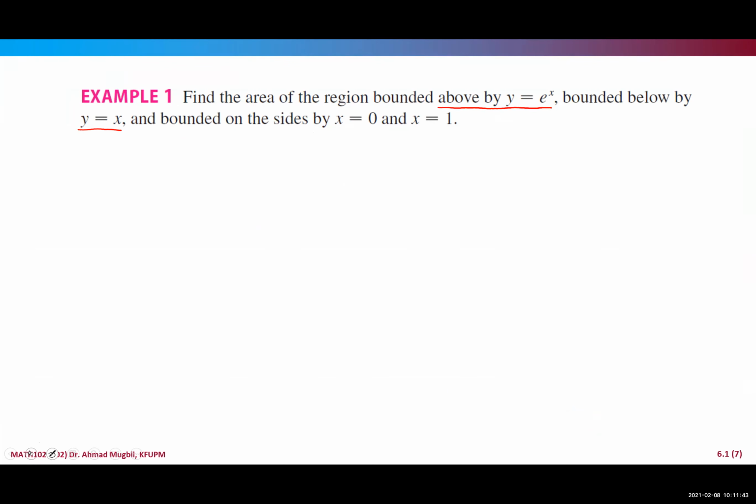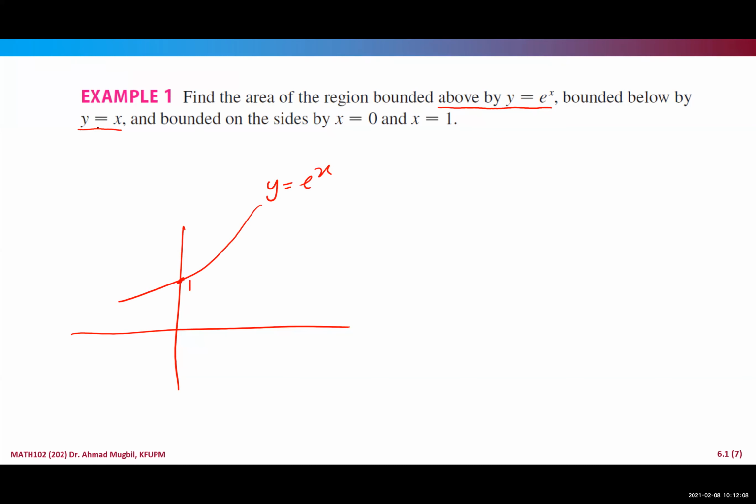Just to have an idea, it is important, ya Shabab, to sketch the graph. When you want to find the area, it is important to sketch the graph. Most of the questions will be easy to graph, so you have to revise the graphing techniques. This is the exponential function, if you remember. This is y equals e to the power x.